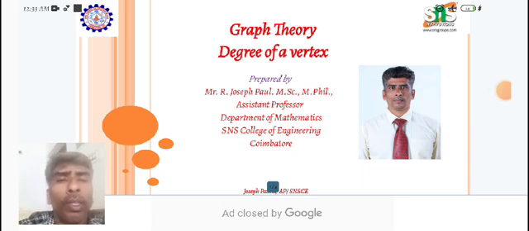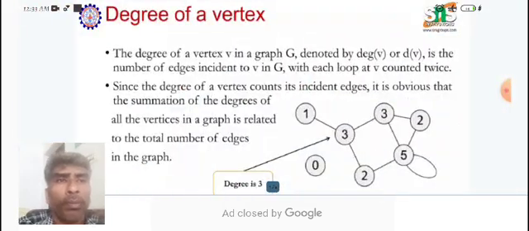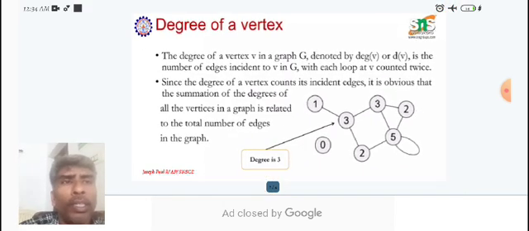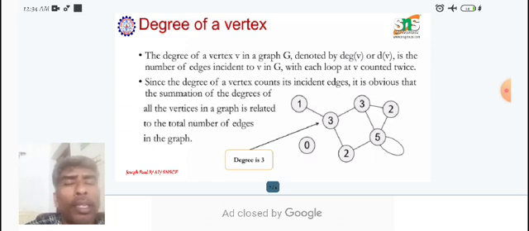Now we discuss what the degree of a vertex is. The degree of a vertex V in a graph G is denoted by deg(V), or simply d(V). It is the number of edges incident to V in G, with each loop at V counted twice.